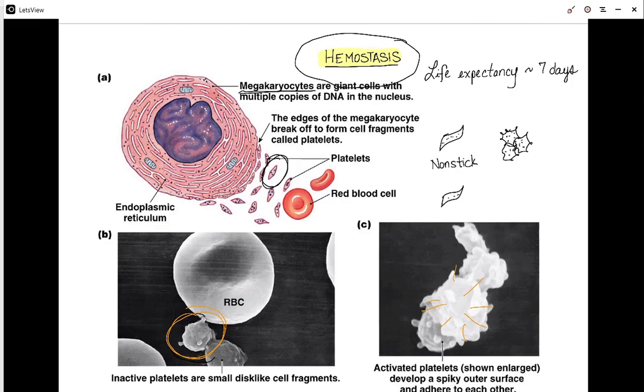Okay, so we're going to go ahead and draw out a capillary that has a rupture in it so that we can diagram the stages of hemostasis. I'm going to be using this entire page. If you have different colored pens or pencils, this is a good time to use them.